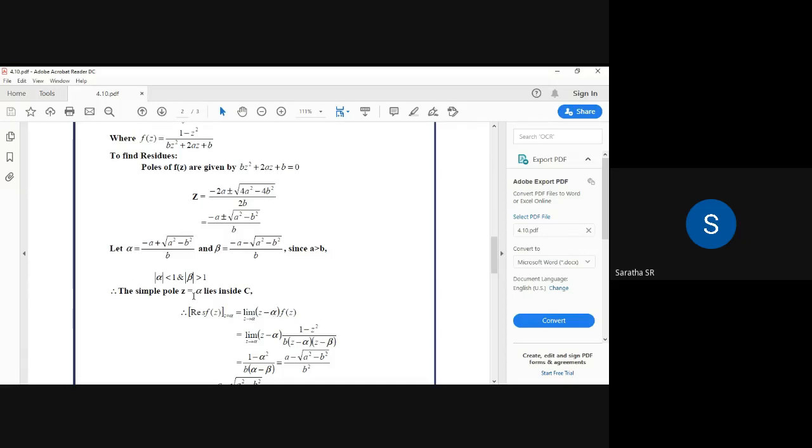We have to find whether the pole lies inside or outside; after that only can we find the residue. So we replace the value in modulus z equal to 1.